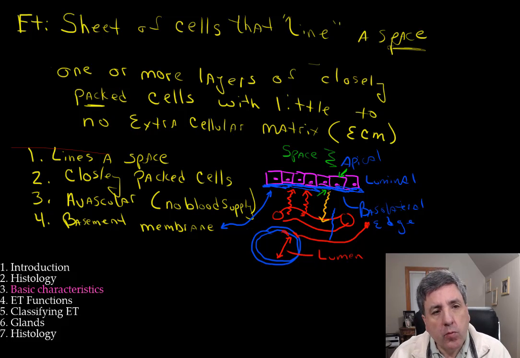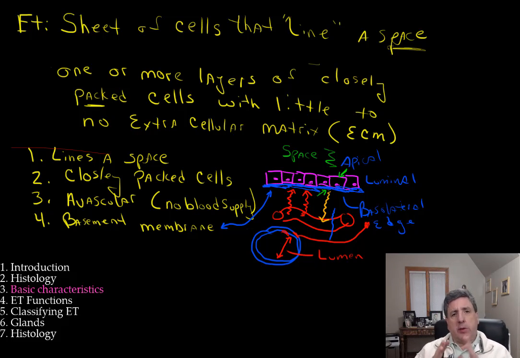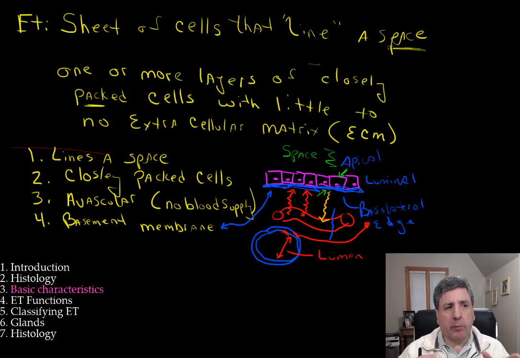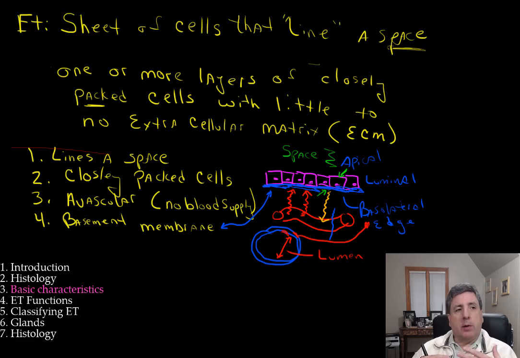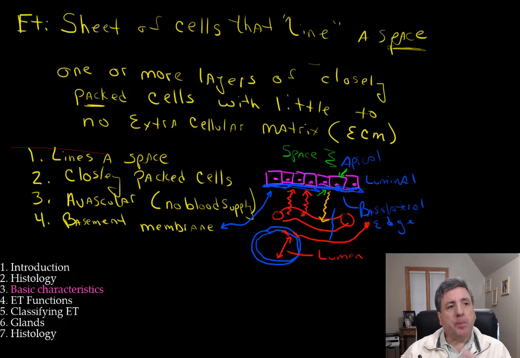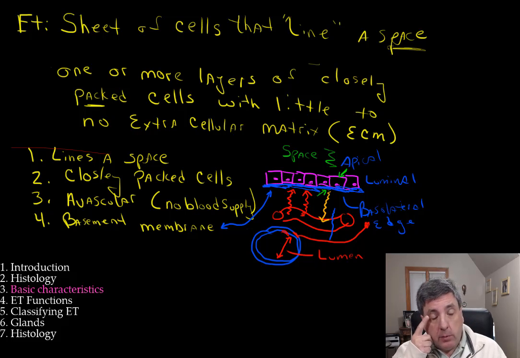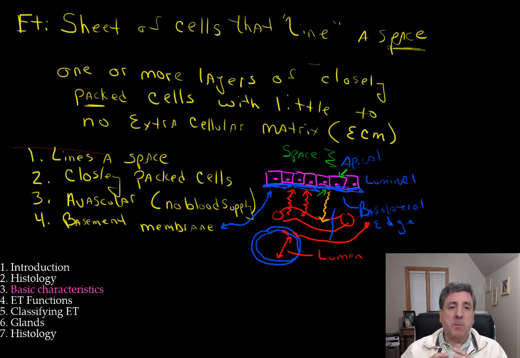Okay, so a couple key things that you want to take away from this so far is epithelial tissue lines a space. They consist of closely packed cells with very little extracellular matrix. Now, I don't know if I spoke of that yet, but extracellular matrix is the stuff outside of cells.